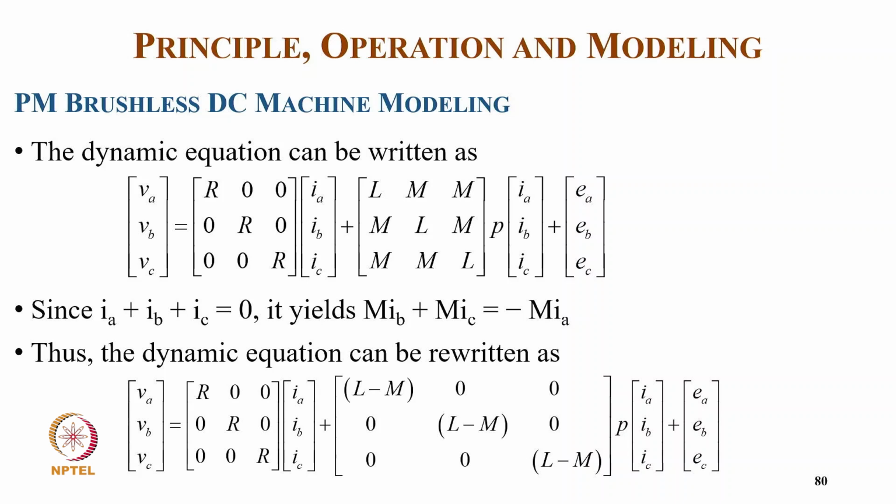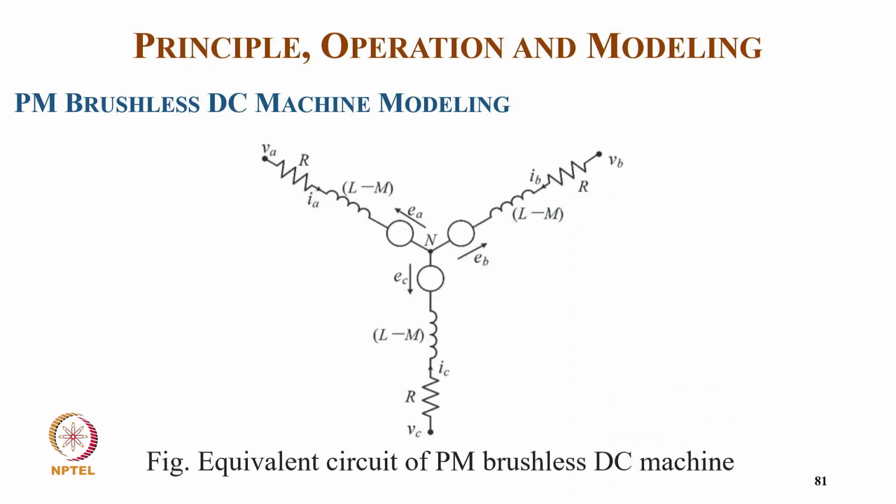Putting that in this matrix, we now get a very simplified one. We have VA, VB, VC in bracket equal to R 0 0, 0 R 0, 0 0 R multiplied by a matrix of IA, IB, IC, plus in bracket L minus M 0 0, 0 L minus M 0, 0 0 L minus M into P as a derivative of IA, IB, IC, plus EA, EB, EC. This is typically the equivalent circuit.